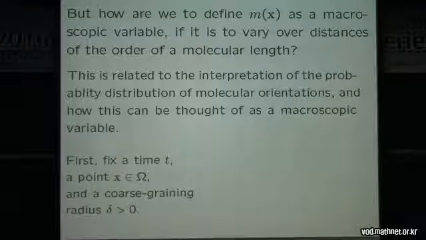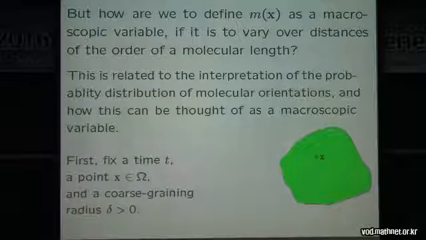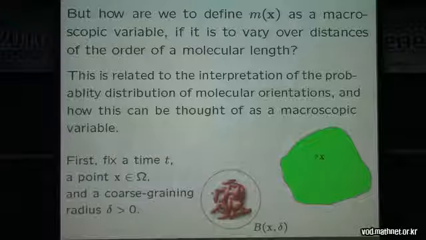So first of all, let's fix it. This is how I've always explained it in numerous lectures over the last 7 or 8 years, but now I have serious doubts about it actually. But anyway, take a point x, and then look at some tiny little ball around x of radius delta, which we're going to use to coarse grain the system. So in this ball, blown up, you've got lots of molecules.